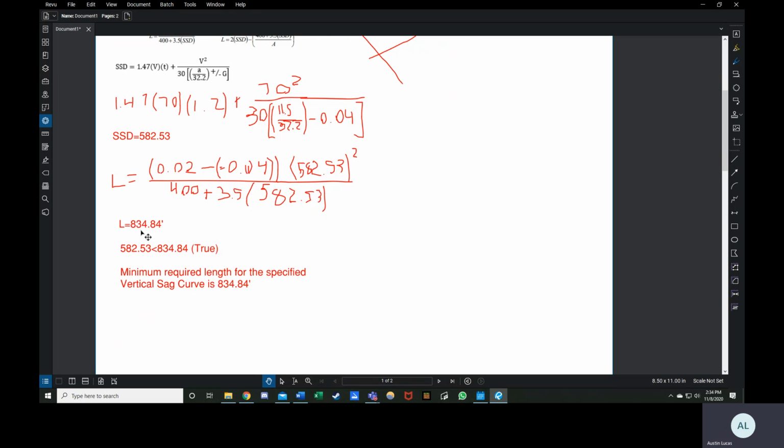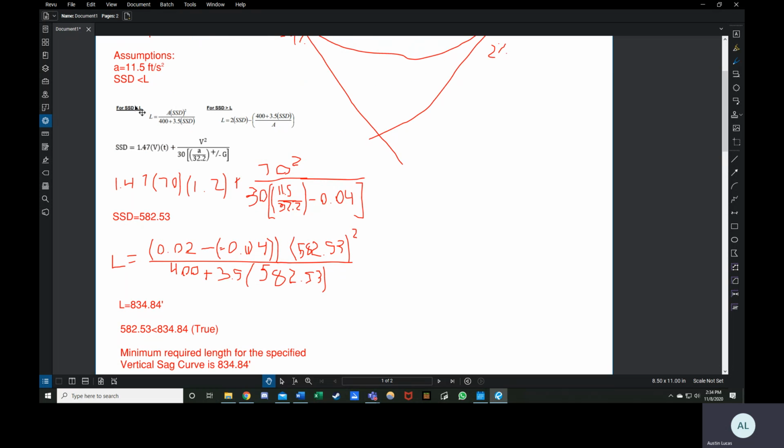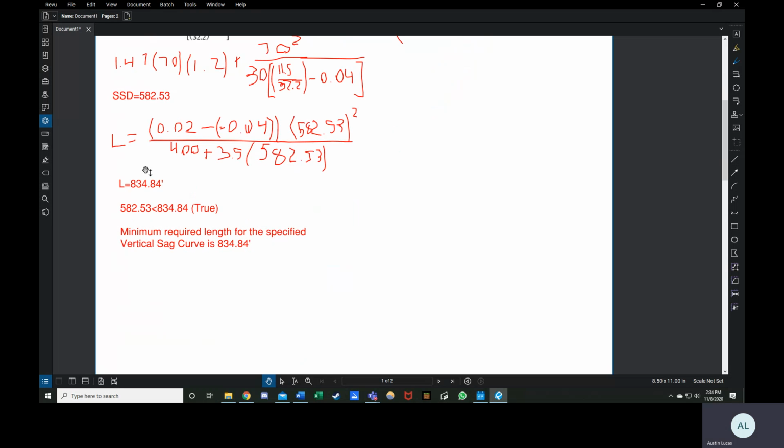And our length now comes out to 834.84 feet. So we plug that back into this logical statement, that SSD is less than L. So our L of 834.84 and our SSD of 582.53. And this logical statement does come out to be true. So we can now assume that the minimum required length for the specified vertical sag curve is 834.84.